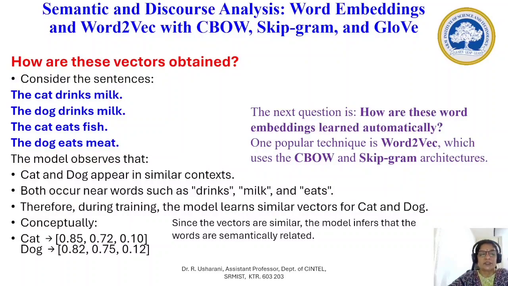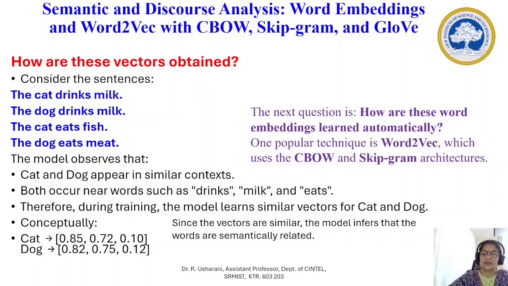The model observes that cat and dog appear in similar contexts. Both occur near words such as drinks, milk, and eats. Therefore, during training, the model learns similar vectors for cat and dog. So conceptually, the cat has the dense vector 0.85, 0.72, 0.10, and the word dog has the vector 0.82, 0.75, 0.12.